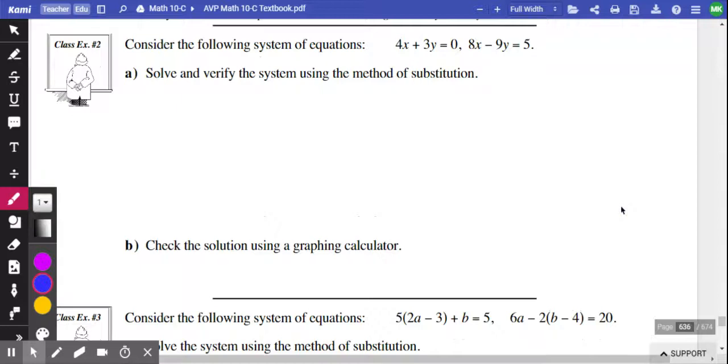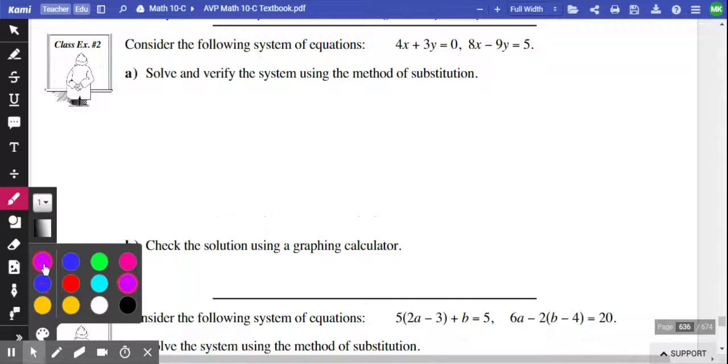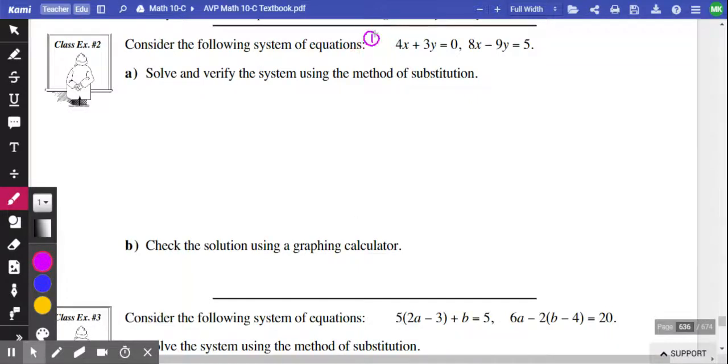Looking at these two equations, I like to label them equation 1 and equation 2 so that I know what I'm talking about. This is equation 1. I'm going to call this guy equation 2. The first thing you need is one of your letters by itself on one of your equations.